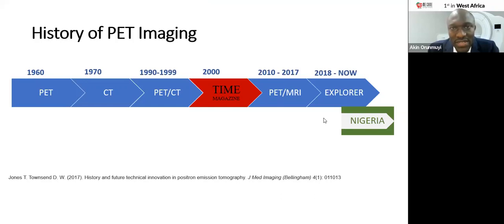Between 1991 and 1999, the idea of fusing PET and morphological imaging, specifically CT, came to light, and that helped to bring the best of both worlds. And in the year 2000, Time Magazine awarded PET-CT as the invention of the year. And from then, medical oncology diagnosis as we know it and treatment has been transformed.